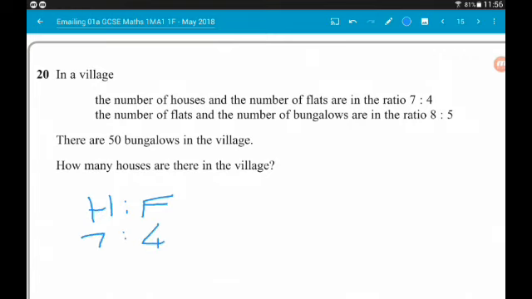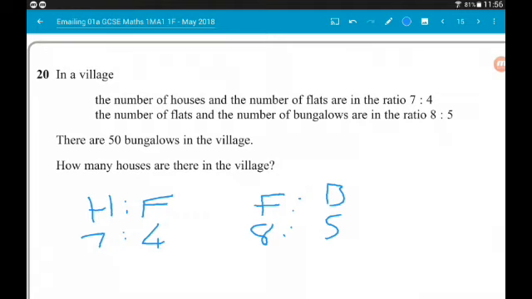And the number of flats to the number of bungalows are in the ratio 8:5. So flats to bungalows are 8:5. We're told there are 50 bungalows in the village. We want to work out how many houses there are.